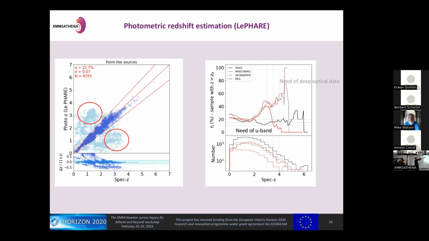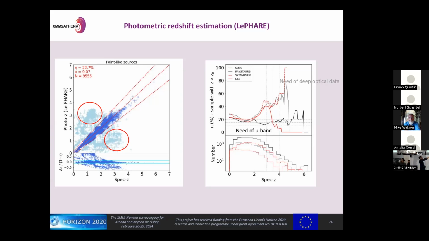Even though up to redshift 3 we have the same trend with DES, these surveys make the fraction of outliers pop up, because they are not deep enough to constrain the redshift at this high redshift. On the other hand, we have this flat line here that is coming from, sorry, the other is Pan-STARRS and SkyMapper.